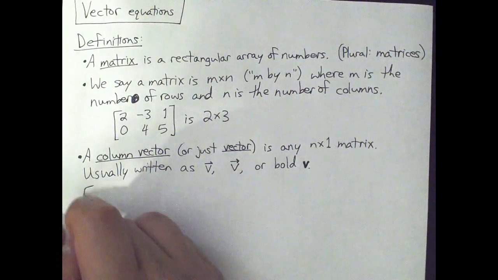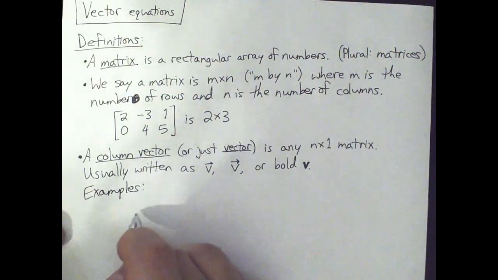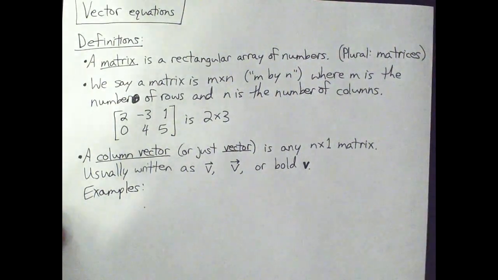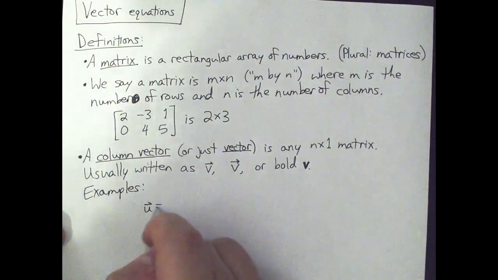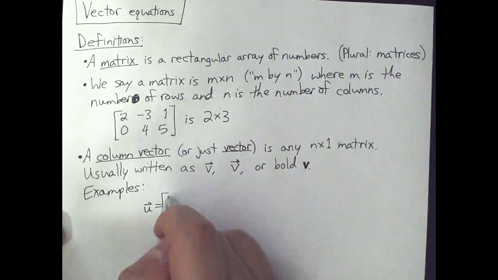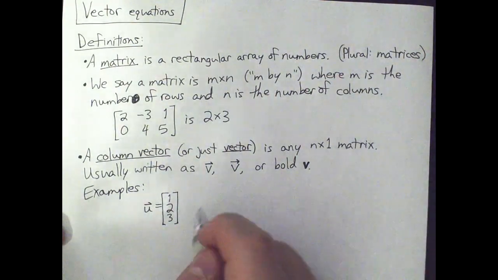All right, here are some examples of column vectors. They don't have to just be called V, by the way. This could be other letters as well. So I'm going to give 3 examples. We're going to have u. u is the column vector 1, 2, 3. That's an example of a vector.